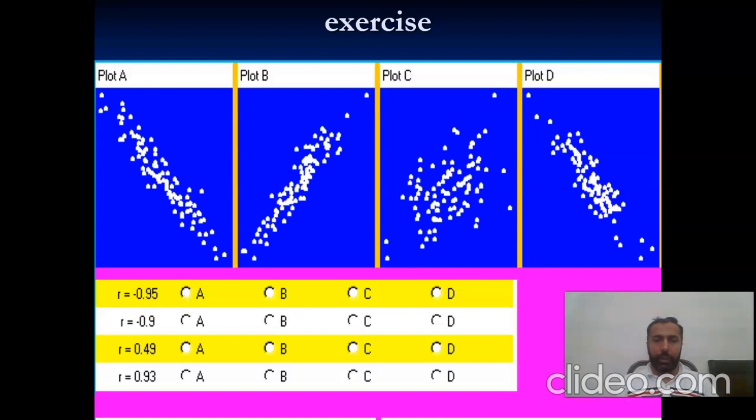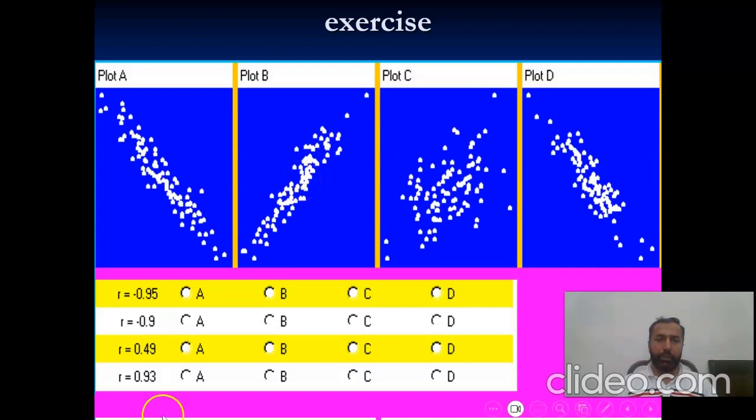The second negative correlation in the diagram is D. In D, it is going downward, so it is negative correlation. So -0.9 belongs to scatter diagram D. Then plot B and plot C both have positive correlation, but the points in plot B are closer to each other than they are in plot C. So plot B indicates that the variables are more closely related.